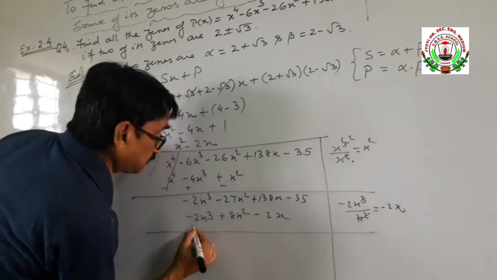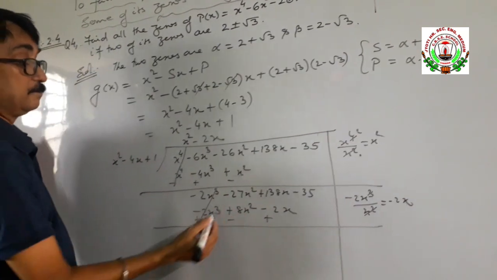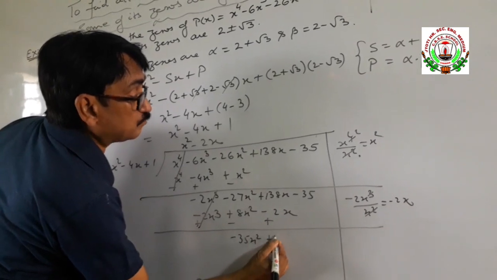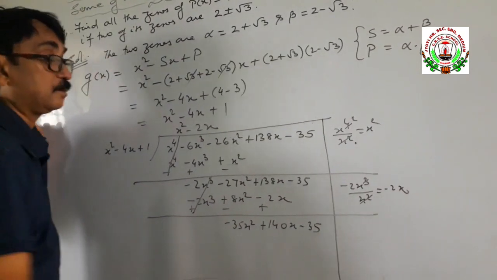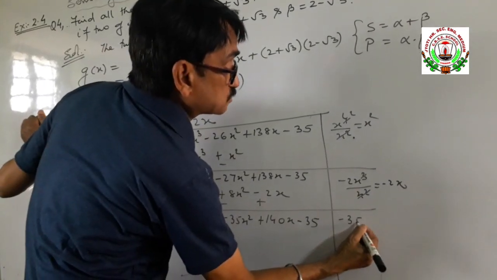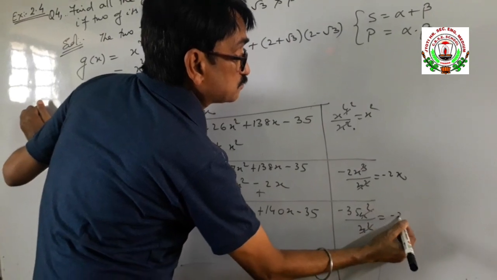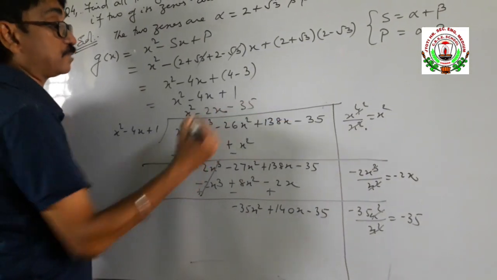Now change the sign, plus minus plus, cancel, we get minus 35x square plus 140x minus 35. Now minus 35x square upon x square gives us minus 35. So our third term is minus 35.